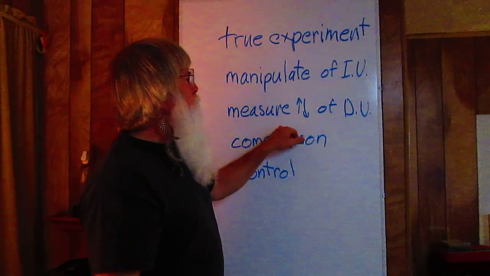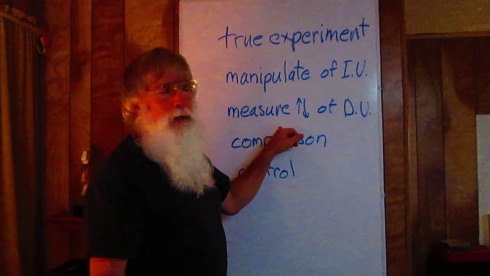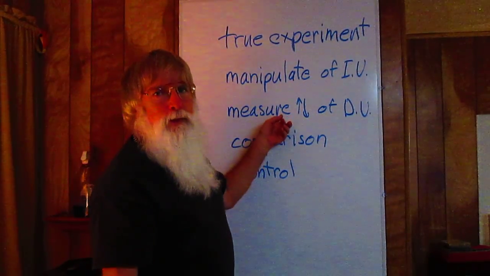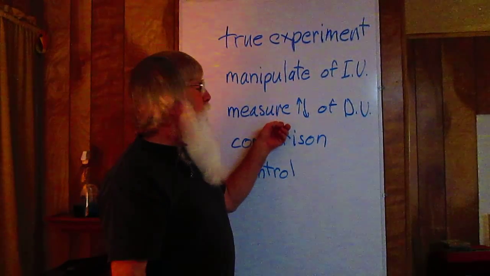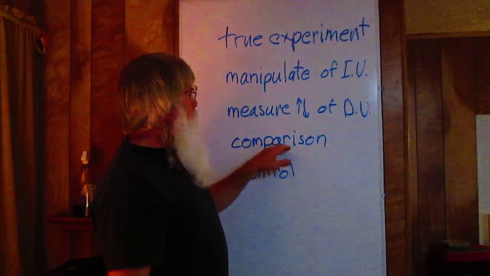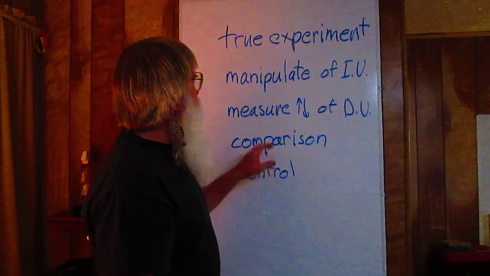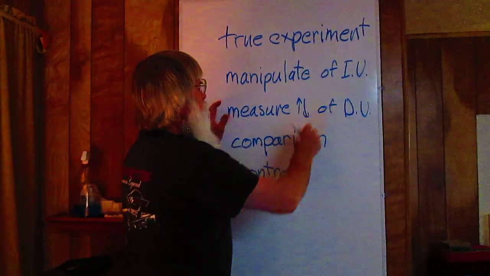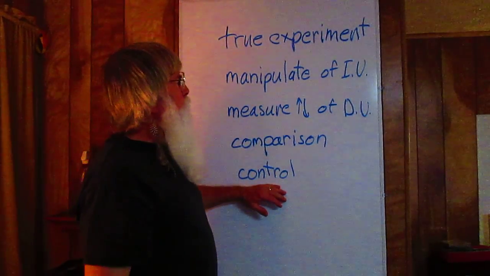The dependent variable is going to be the scores on the exam, and we would see whether the group with the study guide got higher scores as we anticipated or not. We would compare those two and then make a conclusion. While we did this, we would have to control for other variables.